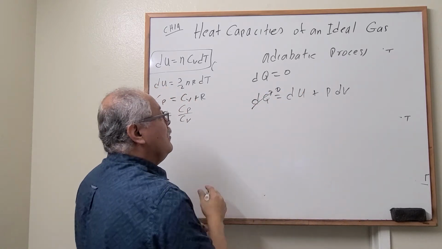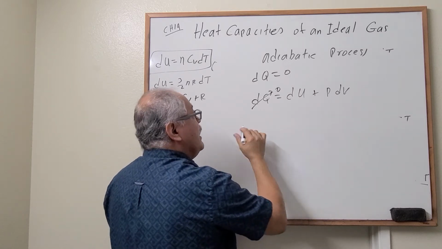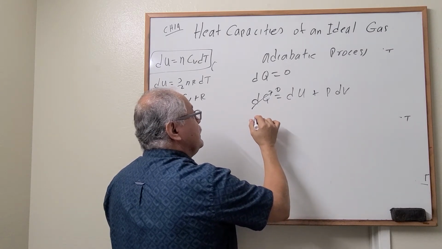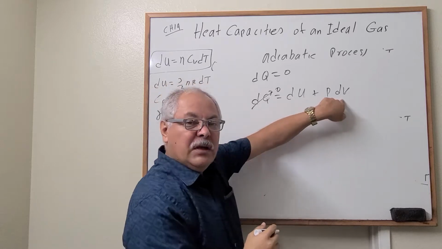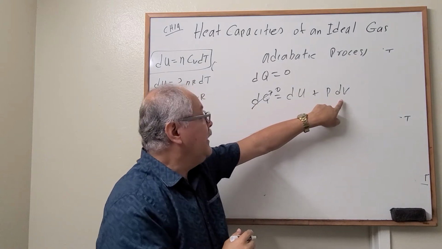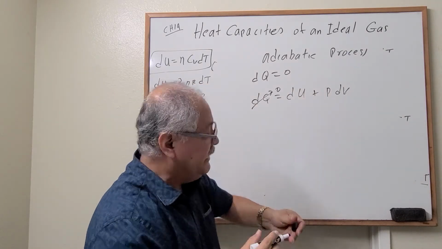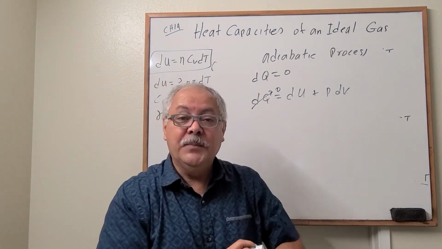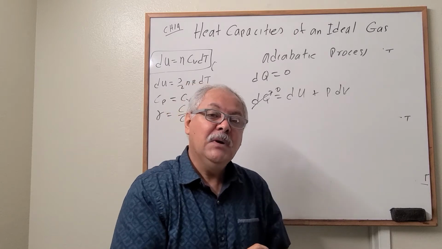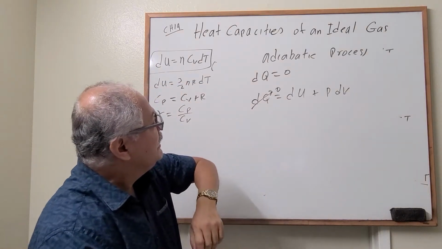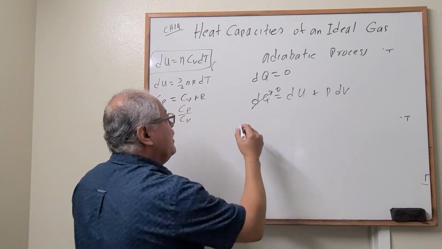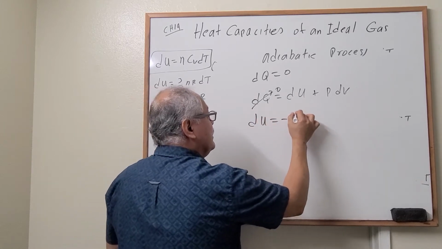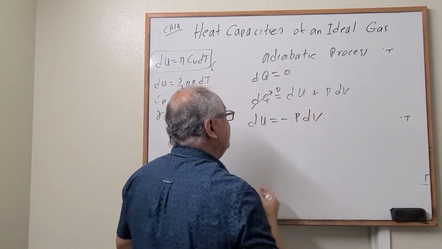Well, we can use P dV or we can use work. The idea right here is to find the work done in an adiabatic process. But we can also use this notation, and what do we have? We have that dU is equal to negative P dV.